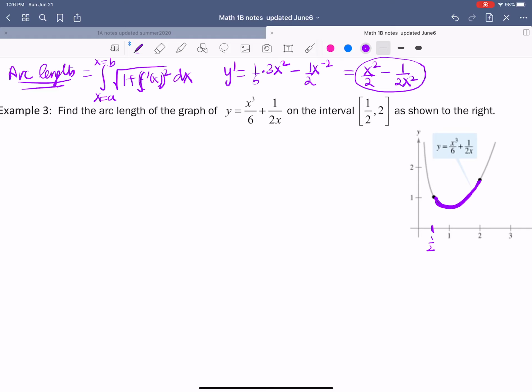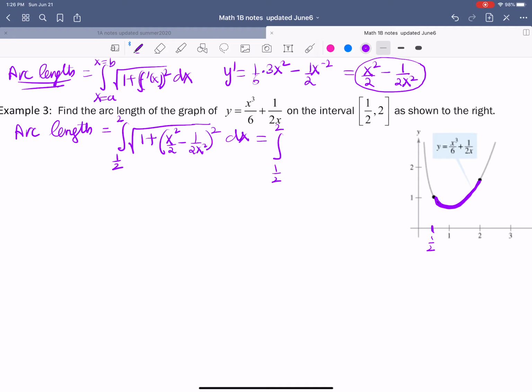Okay, let's go ahead and plug it into the formula. So arc length turns out to be the integral from 1/2 to 2 of the square root of 1 plus y prime squared, which is x squared over 2 minus 1 over 2x squared, squared, dx. Let us simplify this. So from 1/2 to 2, I'm going to open the bag.